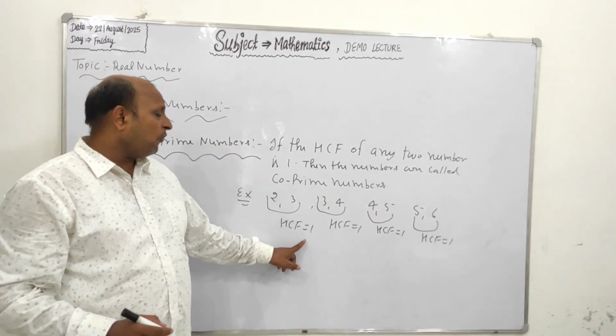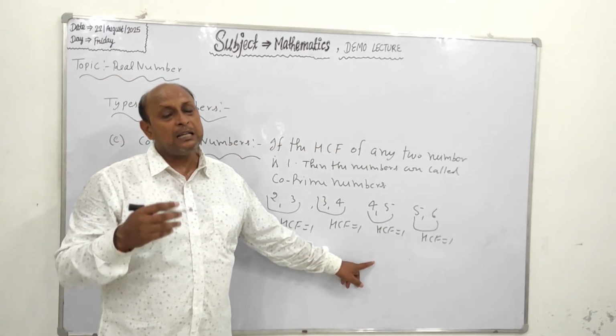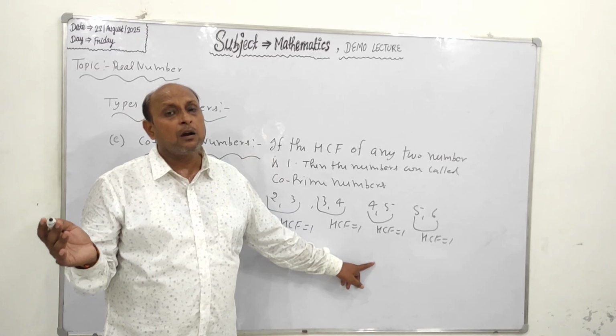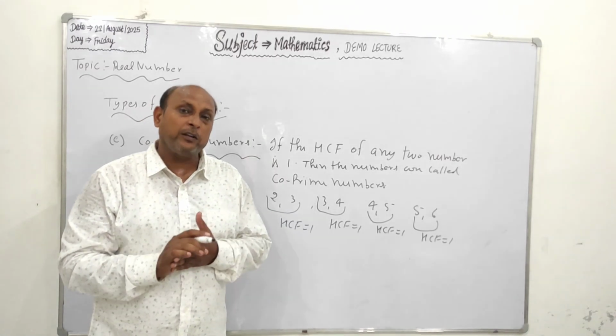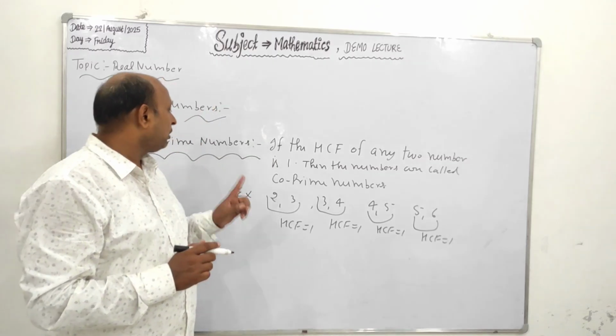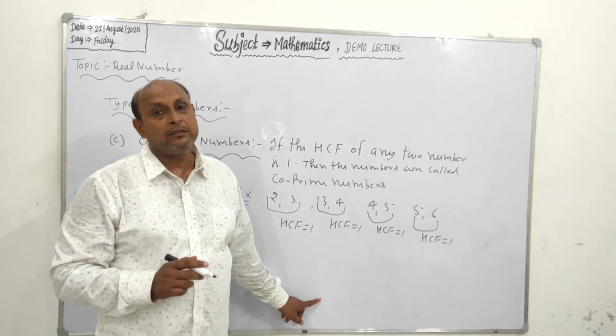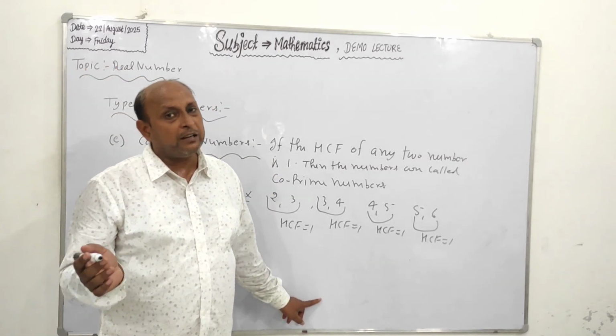If the value of HCF is equal to 1, then the numbers are called co-prime numbers. I think all of you understood very well about co-prime numbers. Now we start the next part.